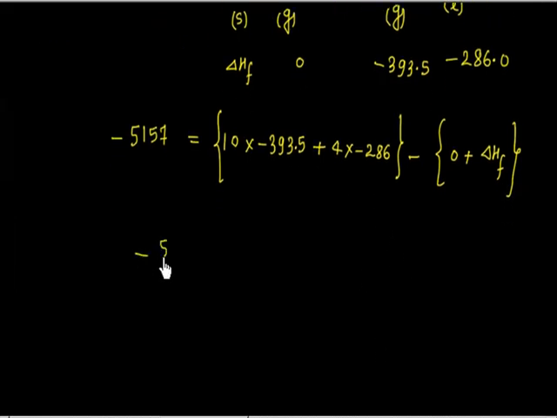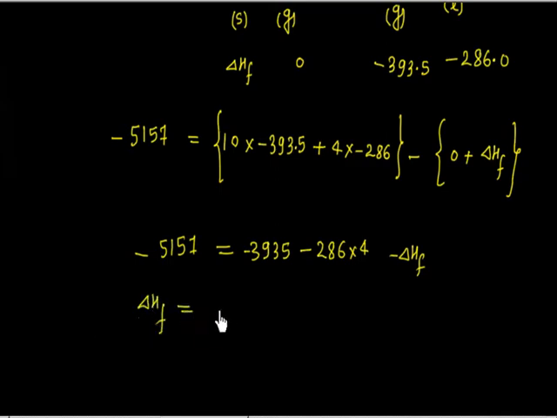So minus 5157 equals minus 3935 minus 286 into 4 minus delta HF. So delta HF equals minus 3935 minus 286 into 4, and if this goes to this side, it becomes plus 5157.